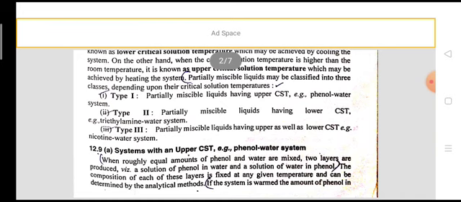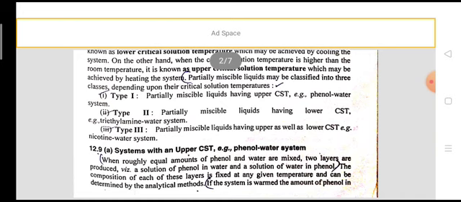Already at the start of this class, we discussed that when a drop of phenol is added to water, it will dissolve. But if the addition is continued, a state is reached where two layers are formed. In that way, when roughly equal amounts of phenol and water are mixed, two layers are produced.